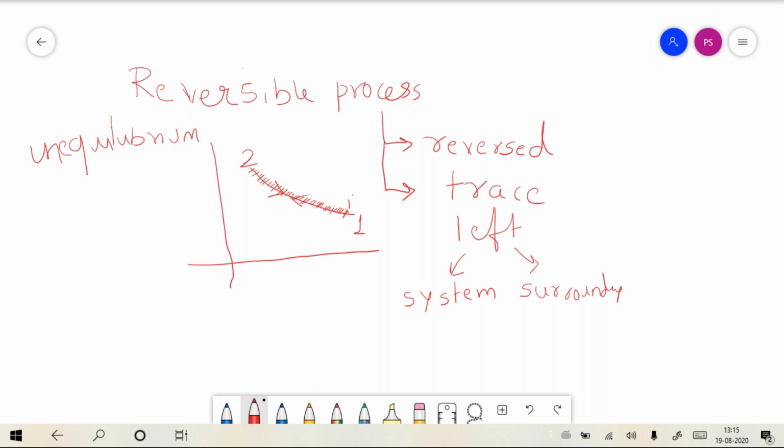And if that happens, for example, an example was given to you about an expansion process.